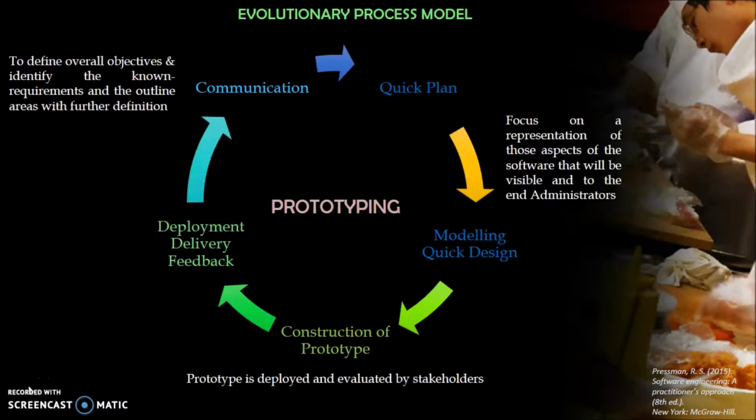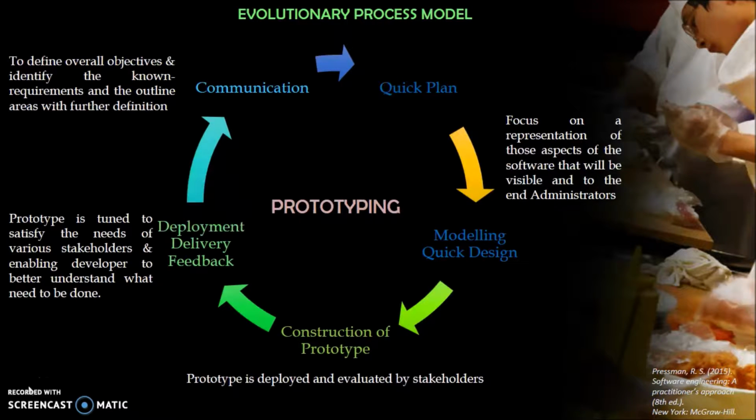Construction of prototype is developed and evaluated by stakeholders. And lastly, deployment, delivery, feedback, whereby the prototype is tuned to satisfy the needs of various stakeholders and enabling the developer to better understand what needs to be done.